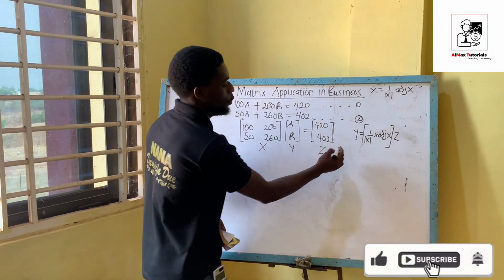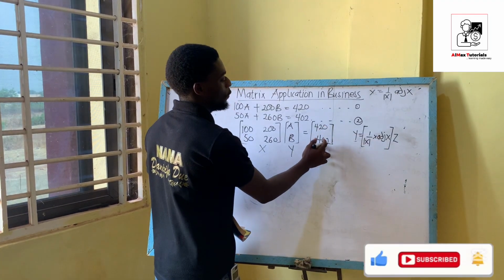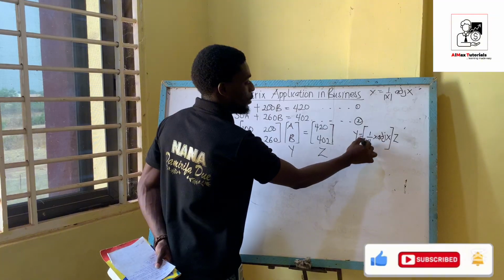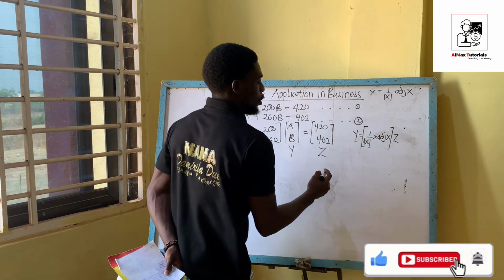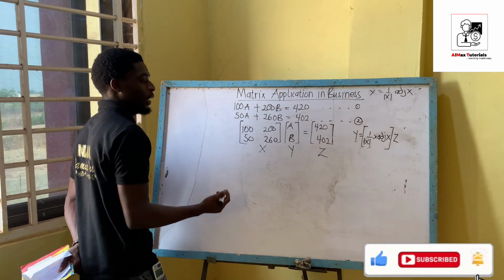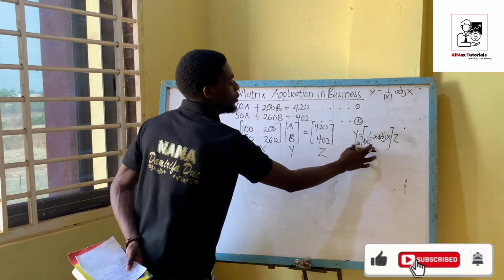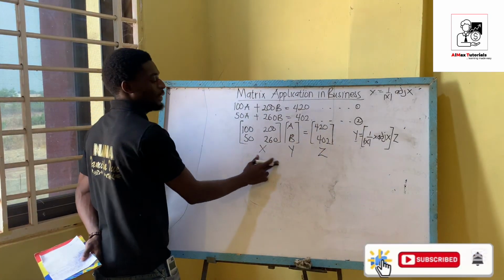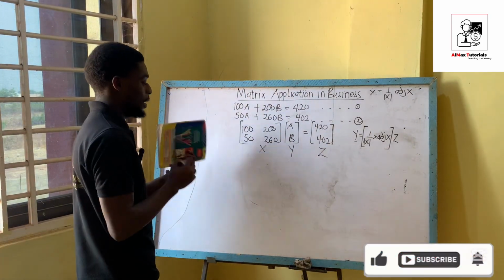From our formula, you know our y to be 420 and 402. Now we don't know our determinant, which is determinant of x, and adjoint of x. Already we know that our z is 402 then. So it's now up to us to find the determinant of the matrix x, then the adjoint of that same matrix. How then do we find our determinant?